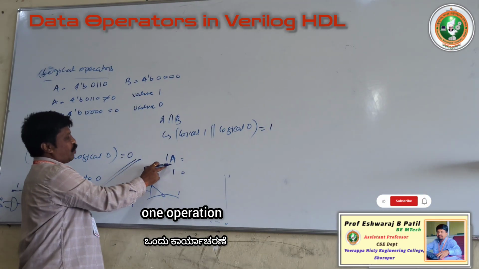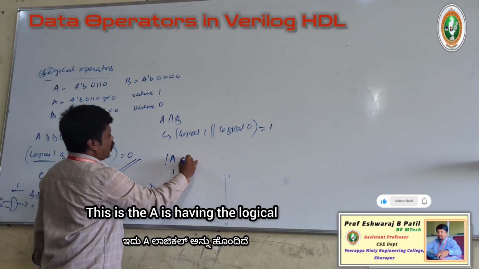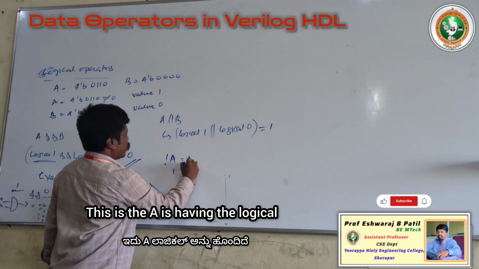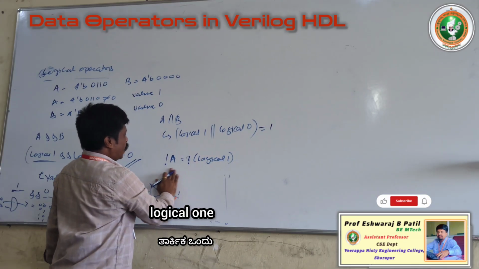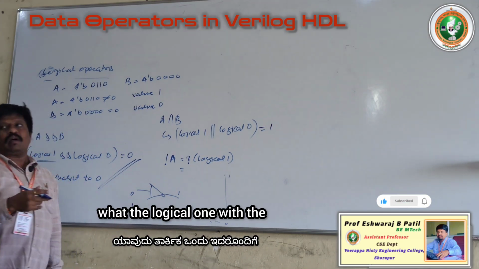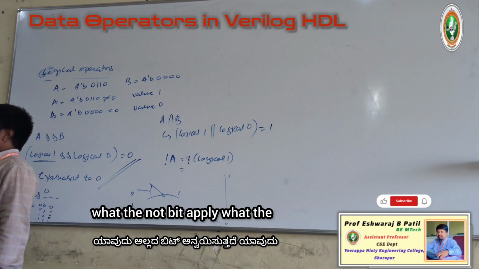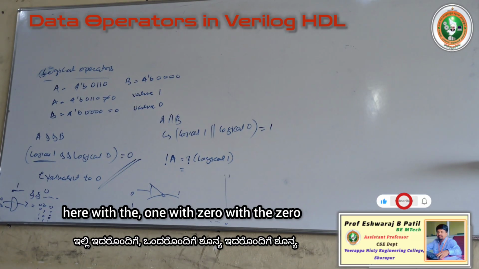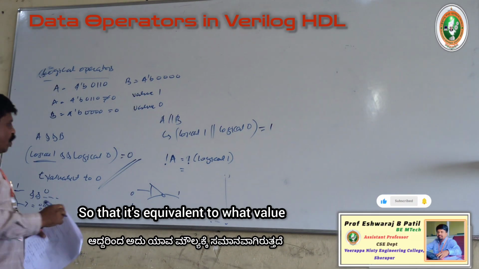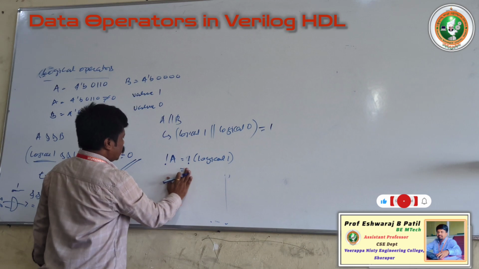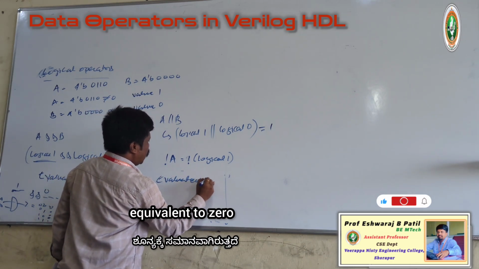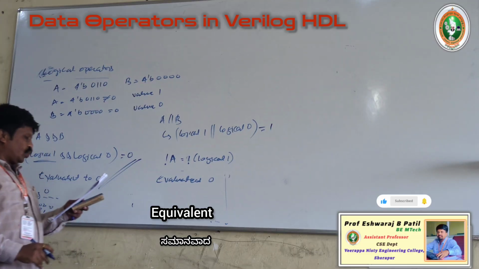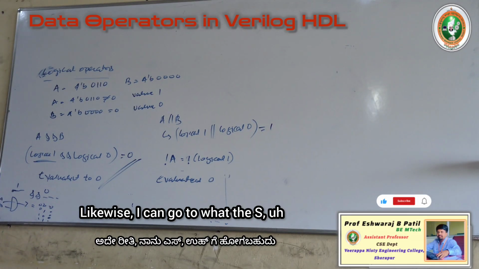But here I have the logical 1 operation. A has logical 1. If we apply NOT to it, 1 becomes 0. So it is equivalent to 0.